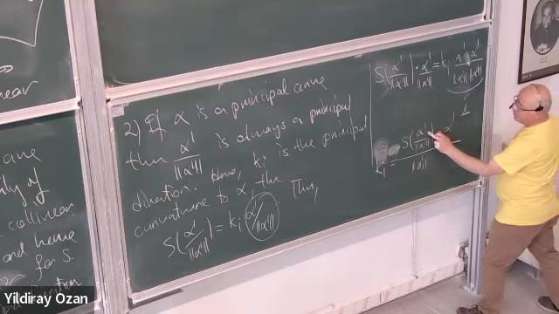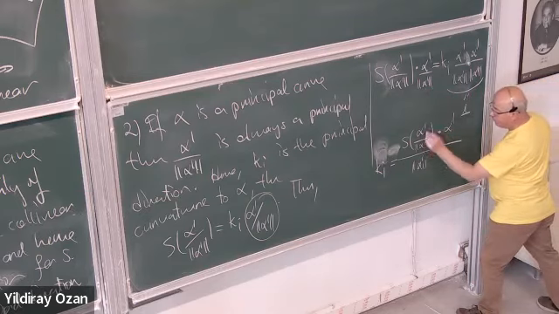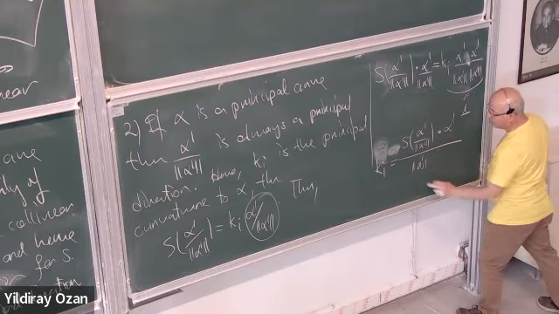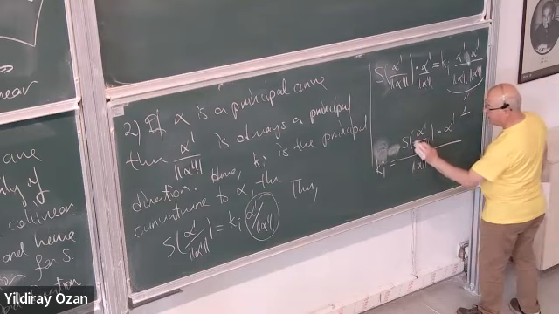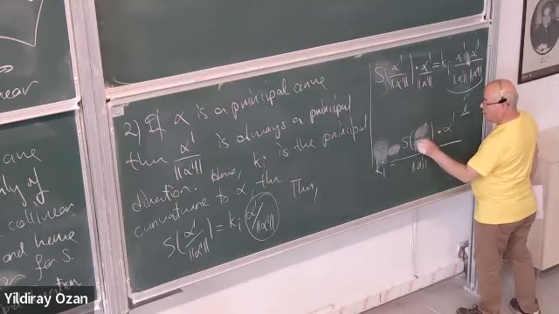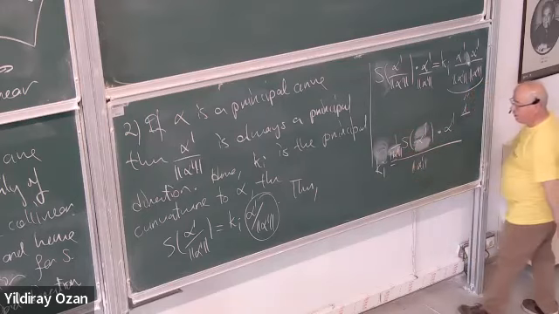And since this is a linear operator, I can take 1 over norm alpha prime outside. So I can write here alpha prime times 1 over norm alpha prime.